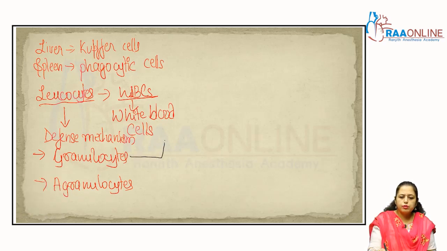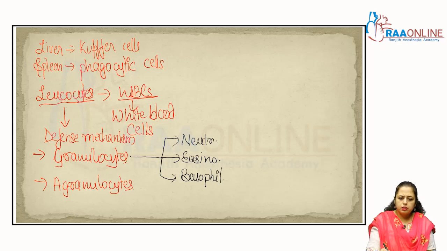In the granulocytes there are three, that is neutrophil, eosinophil and basophil.